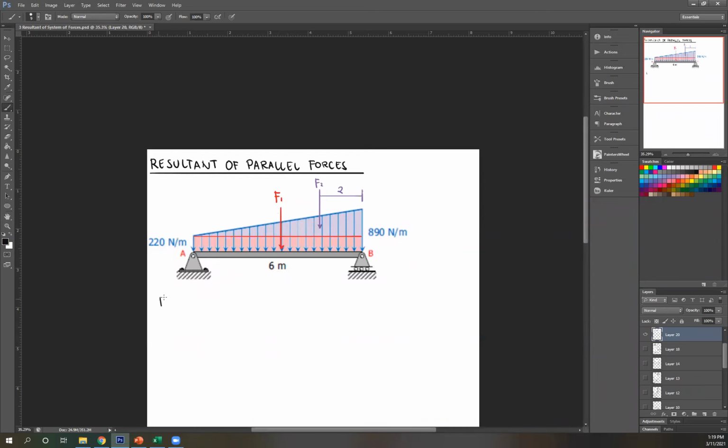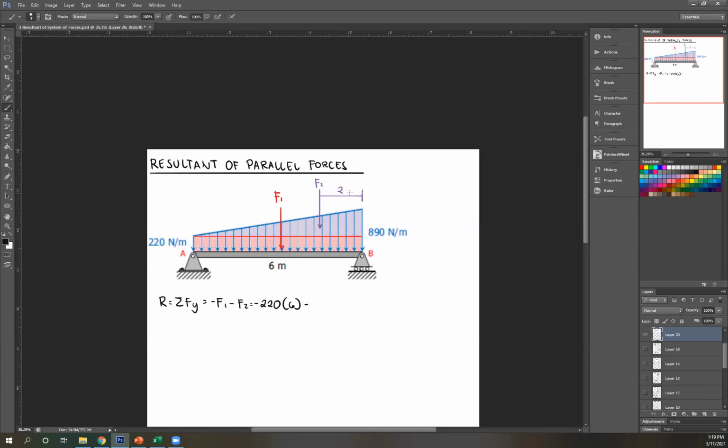Okay, so resultant is just summation of forces. All of this is downward, so in Y. So let's start with F1. So that's negative F1 minus F2. F1 is just the area. So area is base times height. Height is this, so that's 220 times length 6.